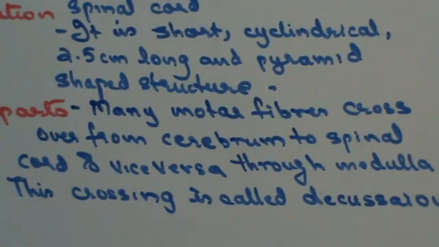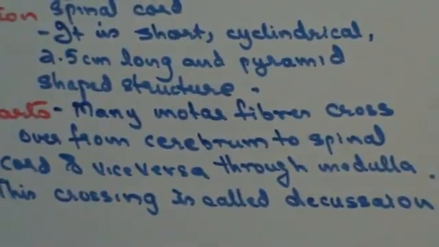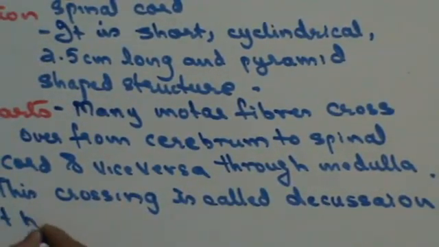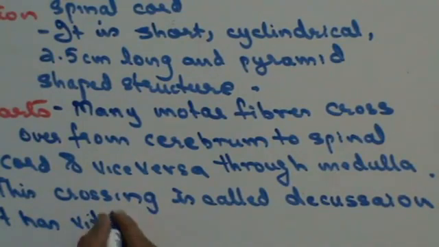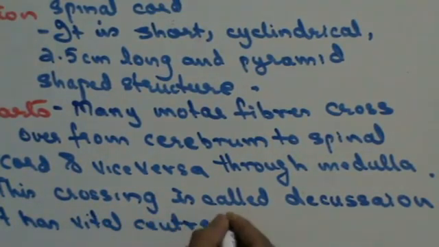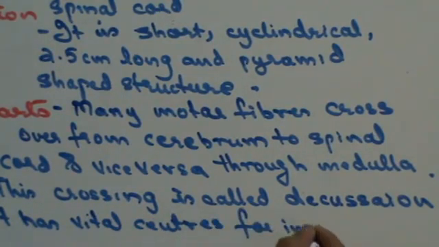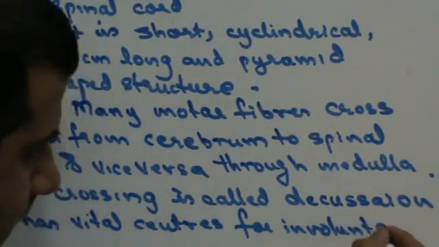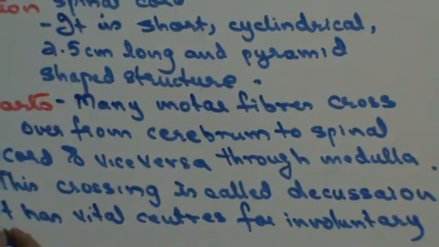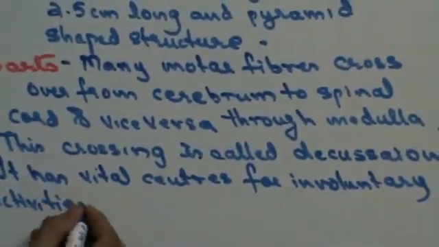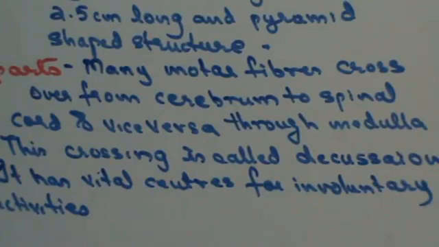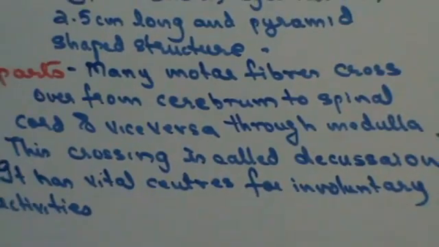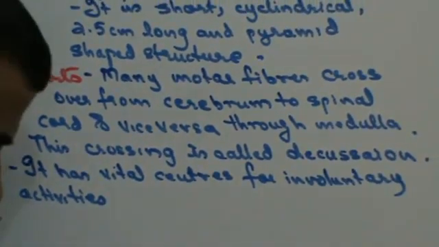Now, why do I need to have medulla in the brain? It has vital centers for involuntary activities, such as the cardiac center, the respiratory center, and the reflex center.